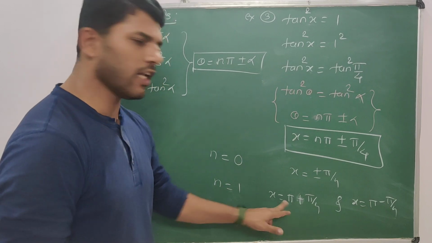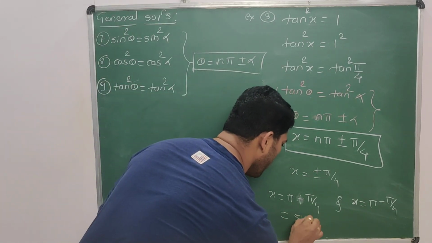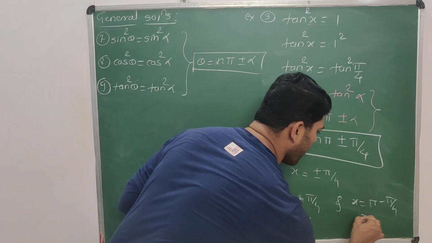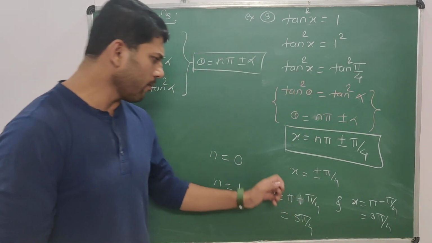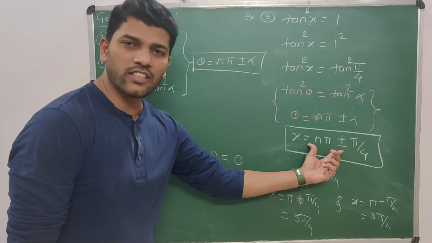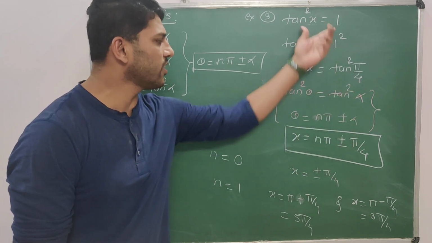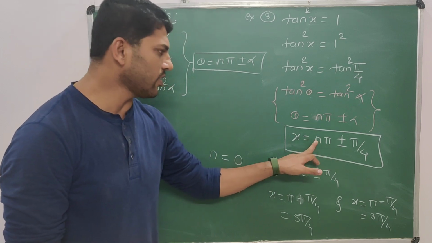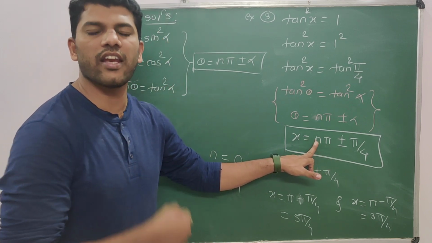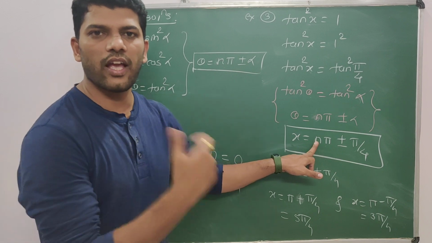And if you simplify, it's 5 pi by 4, and here it is 3 pi by 4. See, simply what I am trying to tell you, this is the general solution which represents the structure, but if you want a particular value, then please substitute the various values of n as 0, 1, 2 and 3, right?